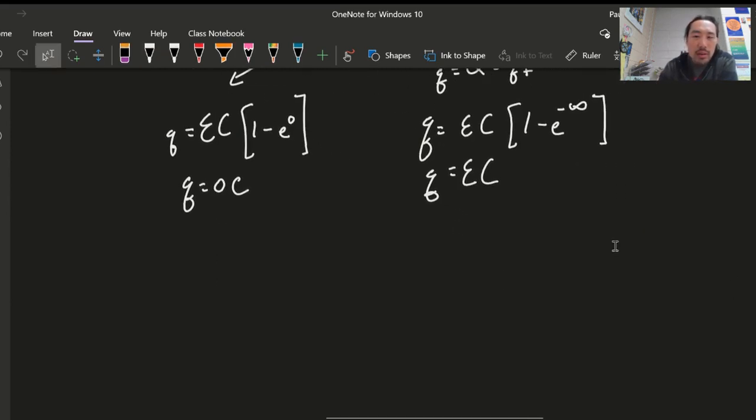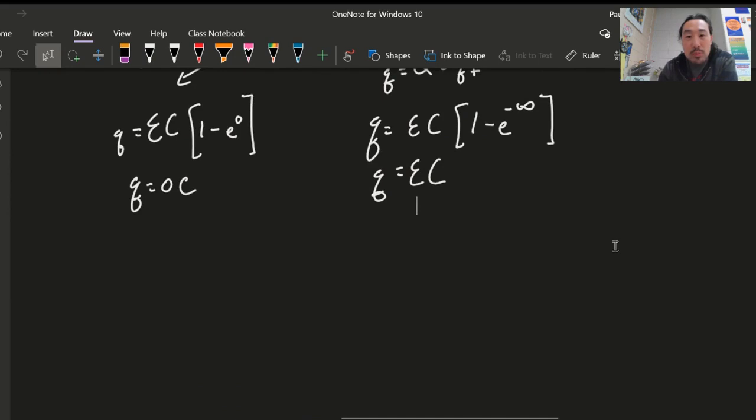And from here, you're like, wait a minute, Lee, I thought you said it should be Q final. But remember, the formula for capacitance is charge per delta V, right?